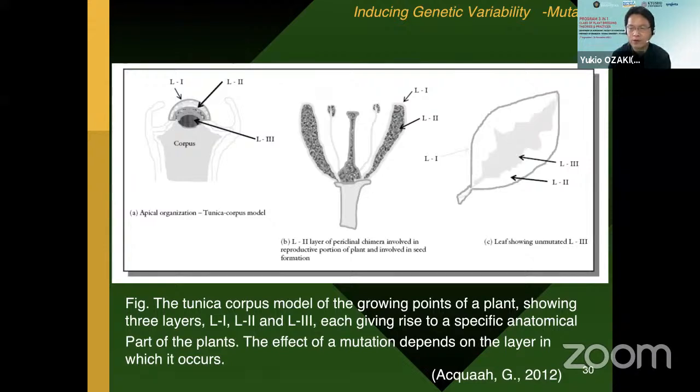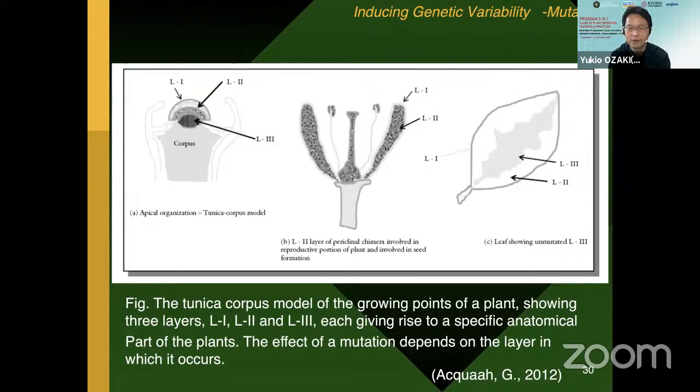The growing point commonly has 2 layers, some have 3. The outer layer generates the epidermis as well as some leaf mesophyll, while the inner layer generates the remaining part of the plant, as shown in this figure. The outermost layer, L1, has 1 cell per layer, while L3 has multiple layers.